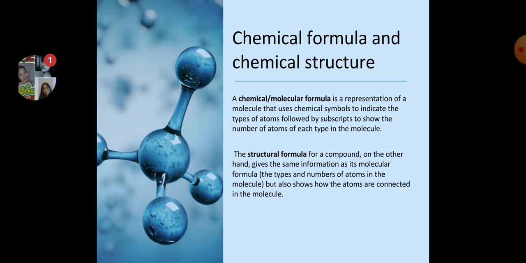So, the types and numbers of atoms in the molecule, but also shows how the atoms are connected in the molecule. Okay? So, not only the structural formula provides the similar information na makukuha kay molecular formula, meron siyang additional info which is the structure. So, it shows how the atoms are connected in the molecule.